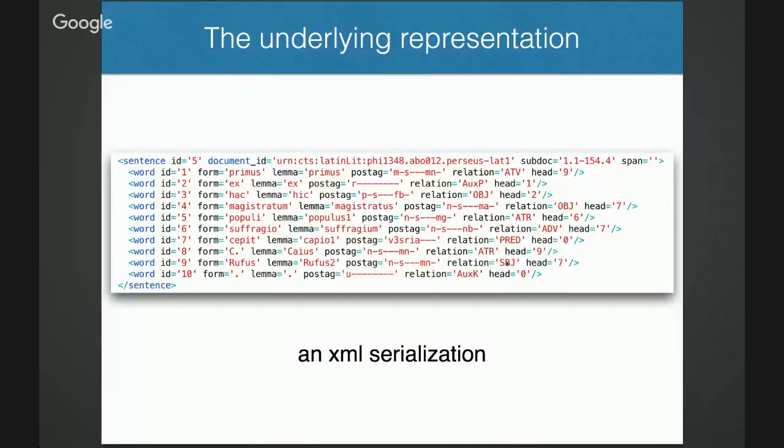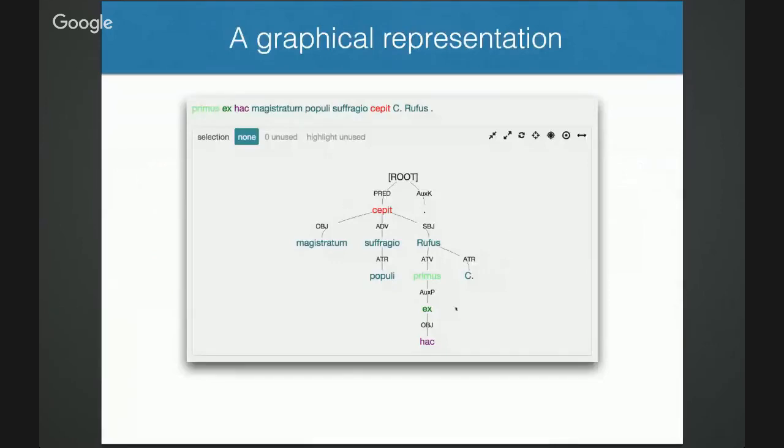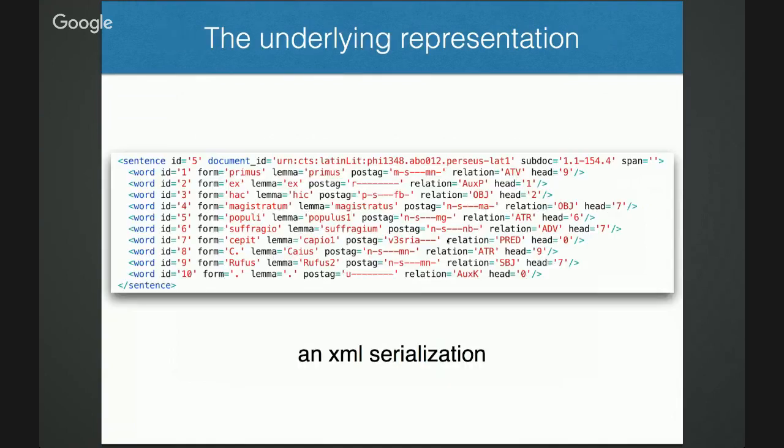So basically, what I'm showing here is what you find in your file when you download it after treebanking a number of sentences. This kind of visualization is extremely nice and helpful, but the real data, the data that you have to deal with, is the data represented by this fragment.